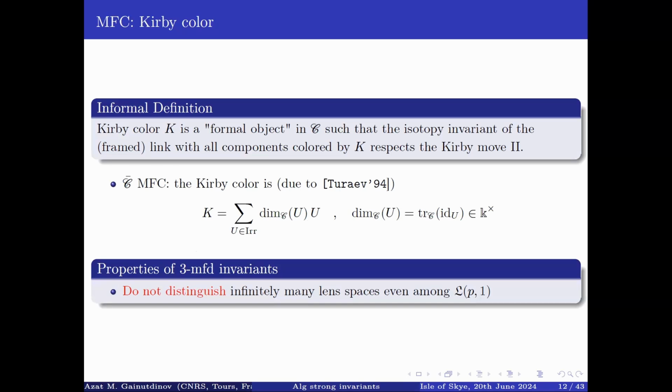Then the theorem says that when you color your framed link, in the ribbon representation, all components by the same K, you get an invariant of the manifold. The property that, for example, because Dehn twists are of finite order, it does not distinguish infinitely many lens spaces, even L(p,1). So L(p,1) and L(p+n,1), when n is the order of the ribbon element, will have the same invariant. So they are interesting invariants, but relatively weak.